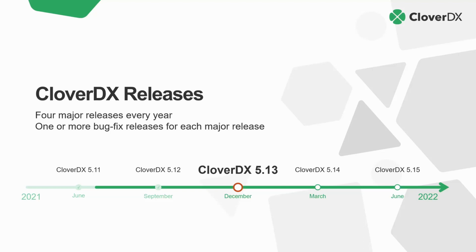The next release, 5.14, is planned for end of March, more specifically, I think it's 29th of March. And the release we will be talking about today is 5.13, which was released 2 days ago, 14th of December this year, as the last release of this year.